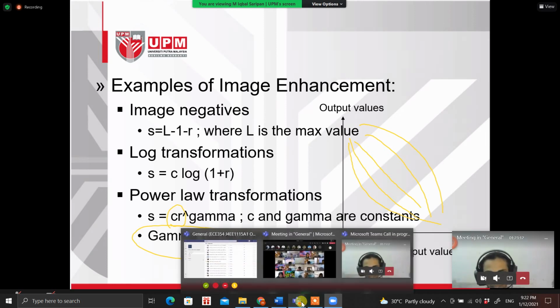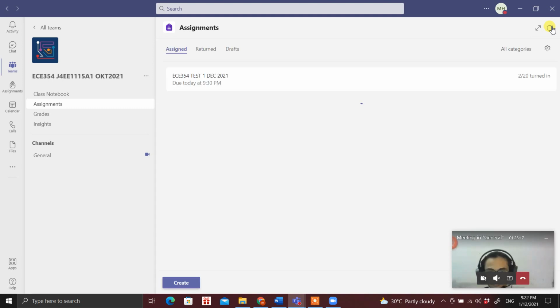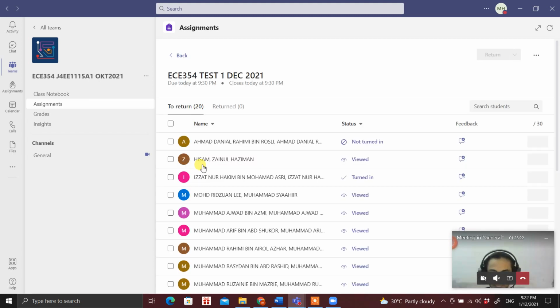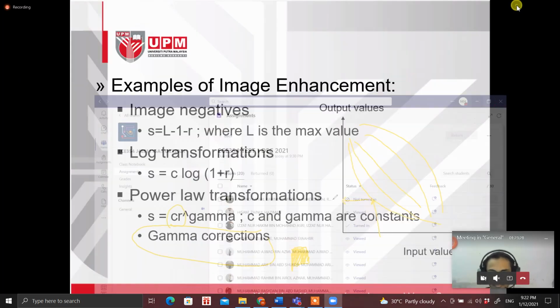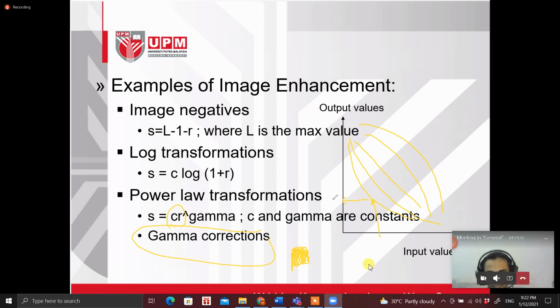So that's why we need to use these input values to do a correction from the input to the output displayed on your monitor. That's what we call gamma correction. That's why in the previous question I mentioned there is no one function that is the best. We need to know the application, and after that we need to view the result, because image enhancement is very subjective. It depends on you to say whether the image is better or worse.